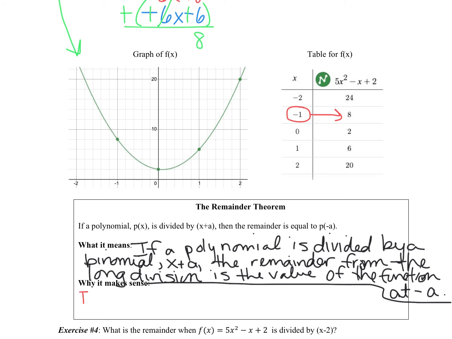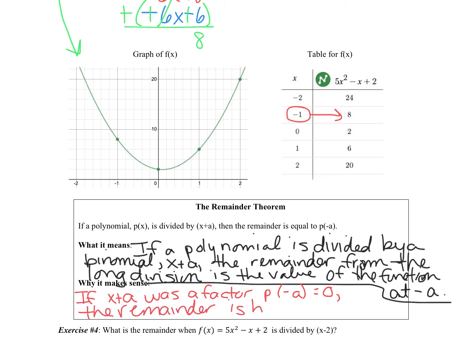So I'm just going to write, if x plus a was a factor, p of negative a, so the function's value at the opposite number, would equal 0. The remainder is how far off it is.